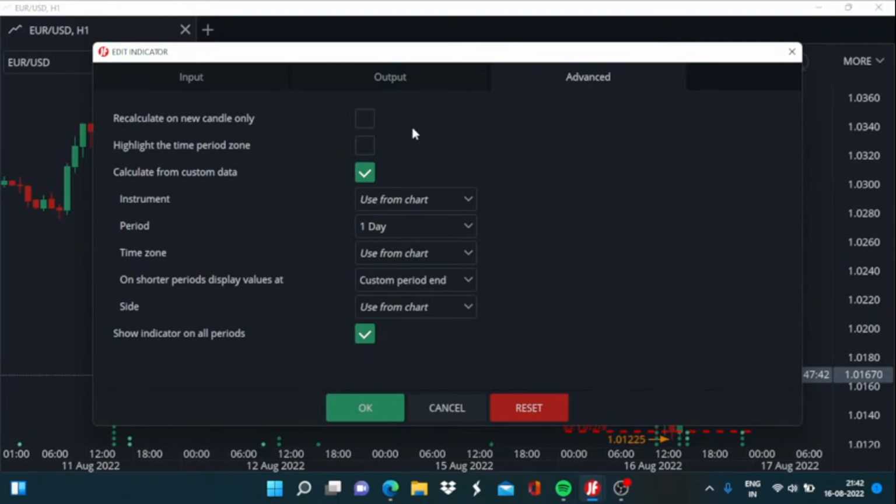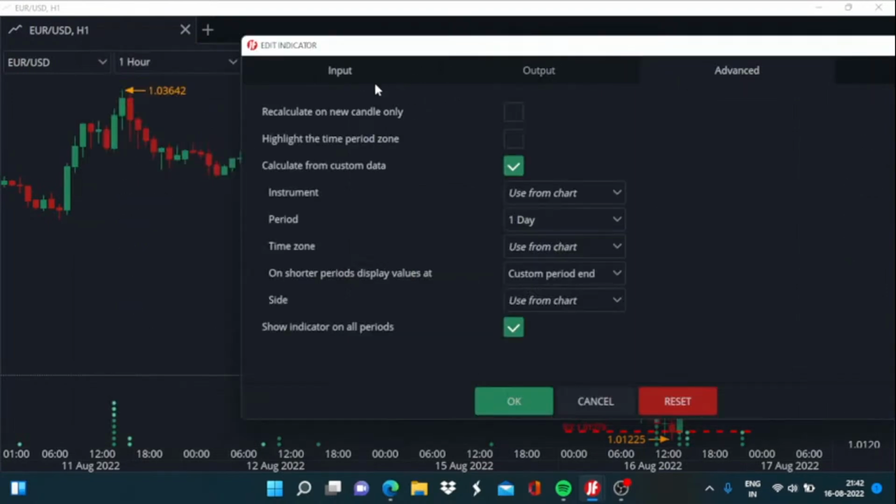Coming to the advanced editing options, the recalculate on new candle only option is going to work for this indicator anyway, because it will remain constant throughout the day as it is based on the prior day's formation, so it will not be changing its values during the current trading session. If you want the calculate time period to be highlighted, then you have to opt for this.